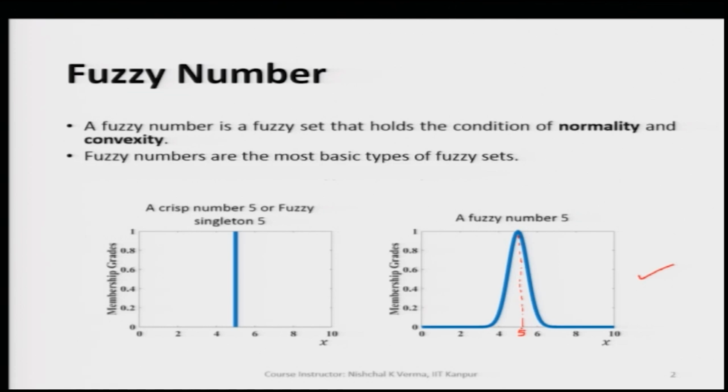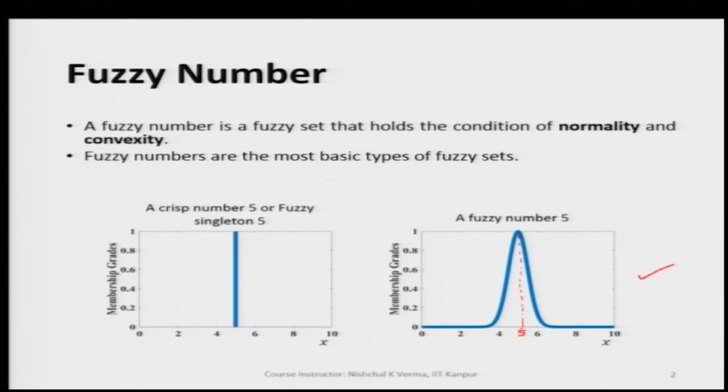When we talk of a fuzzy number, let us also understand the crisp number. A fuzzy number is a fuzzy set. A crisp number can also be regarded as a fuzzy set, but this fuzzy set is a fuzzy singleton. This is a special kind of fuzzy set, the singleton fuzzy set 5.